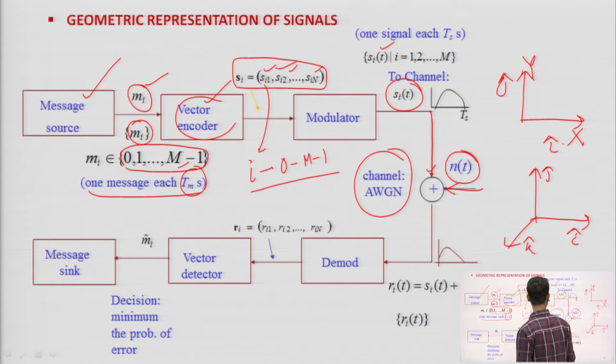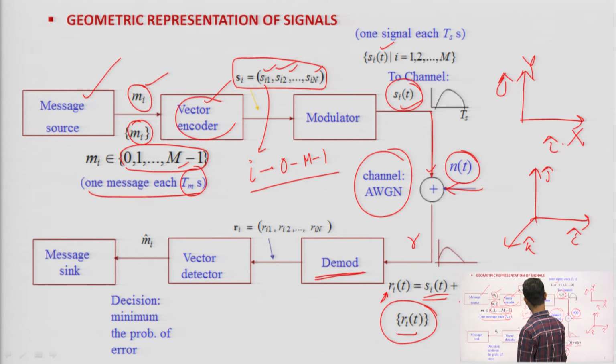Now the output is represented by r. This r is the input signal si(t) plus the noise n(t), that is, ri(t), in vector form. At the demodulator, this ri(t), a function of time, is reduced to simple ri, that is ri1, ri2 up to rin. Now at the vector decoder, what will happen?